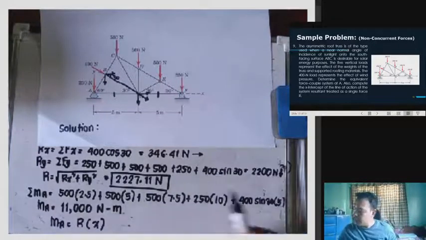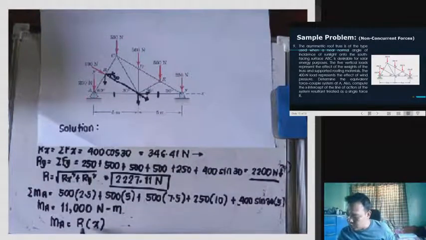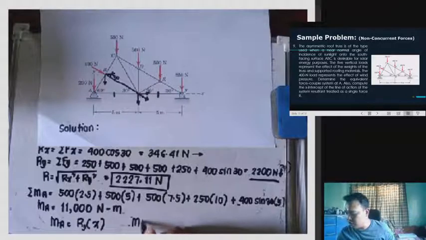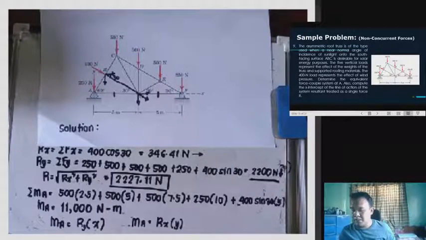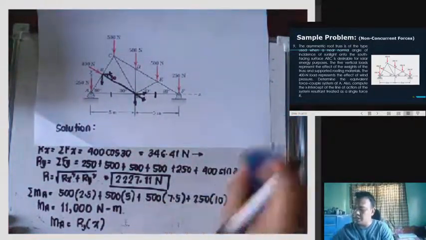So ito pala. Kasi Fy, so yung Ry dito, x to. So, to get the moment A is equivalent kay R, x, ito naman ay y. Pero ang pinapahanap lang naman is yung x-intercept, yung distance lang ng x na yun.